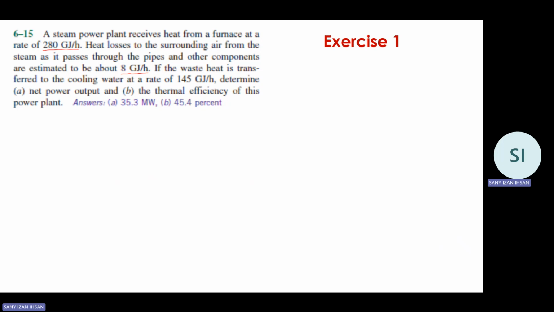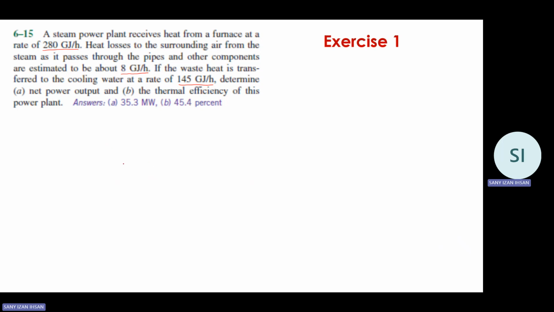I underline the key information there. If the waste heat is transferred to the cooling water at a rate of 145 gigajoule per hour, determine the net power output and the thermal efficiency of this power plant.